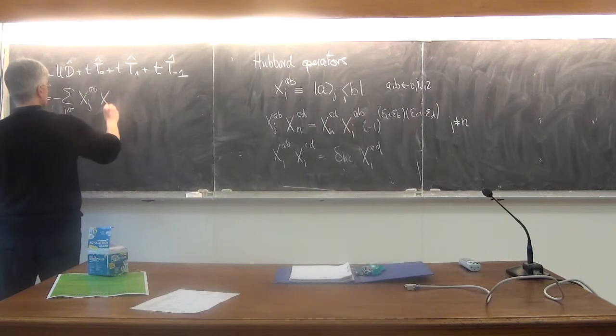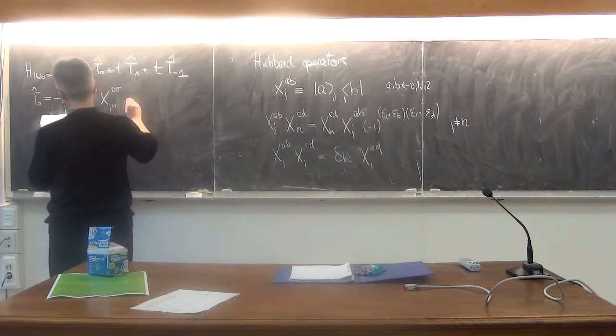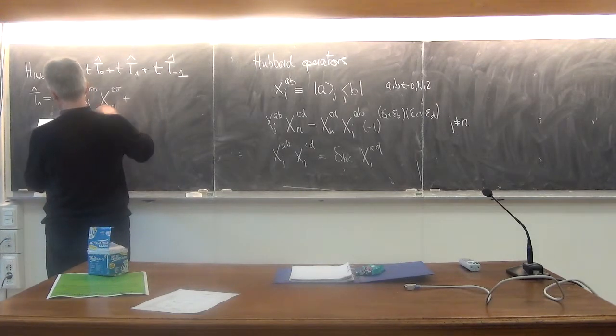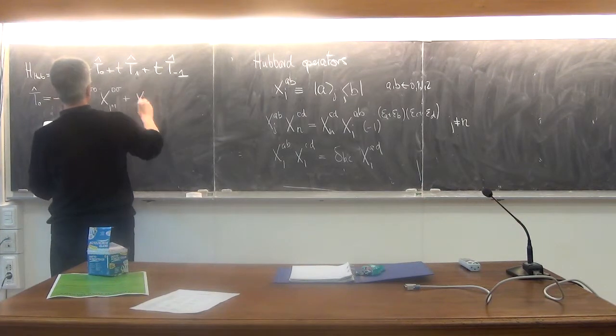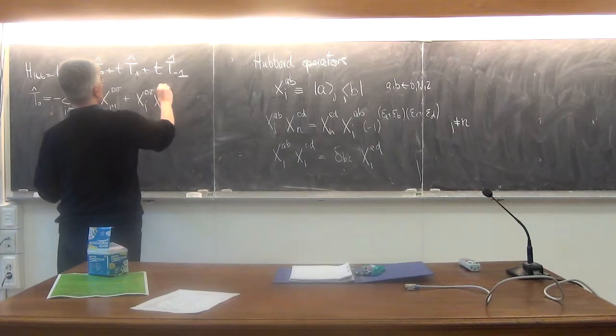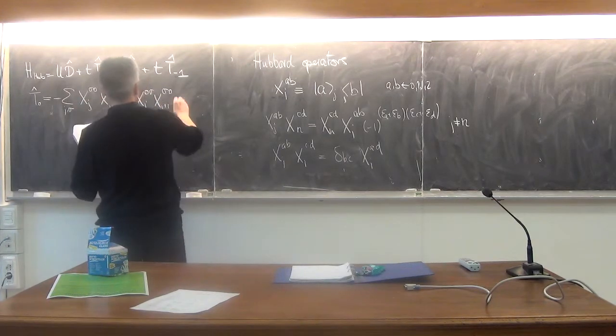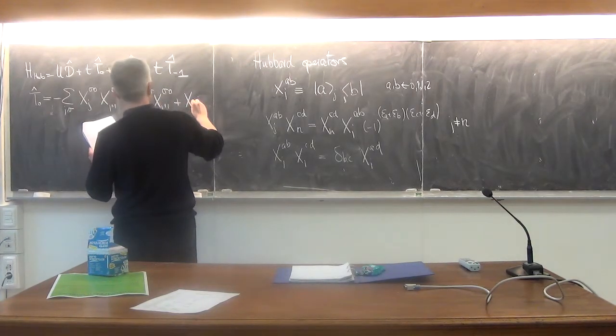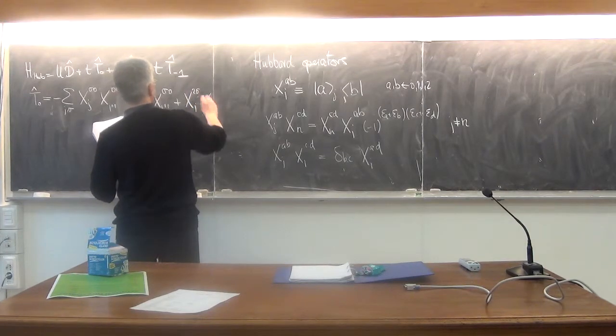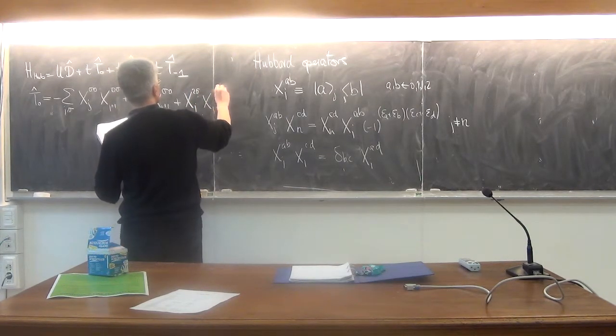Let me first write it down. Sum over sigma: X_j^{0 sigma} X_{j+1}^{sigma 0} plus X_j^{2 sigma} X_{j+1}^{sigma 2}.